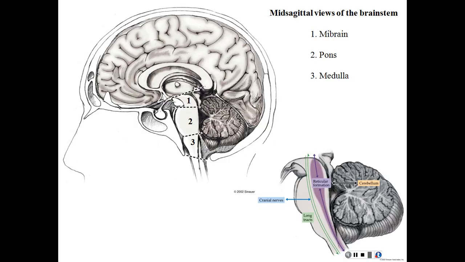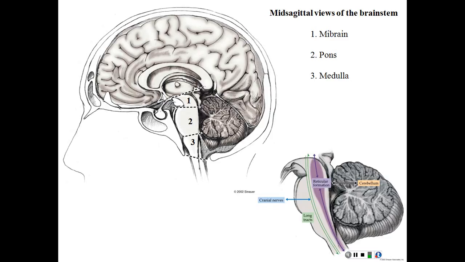What structures are you expected to find in the pons? I'm not talking about all the nitpicky little structures from a neuroanatomy point of view. I'm talking about the major ones: our 3 long tracts and our 10 cranial nerves, right? That's it. So where can we find them?